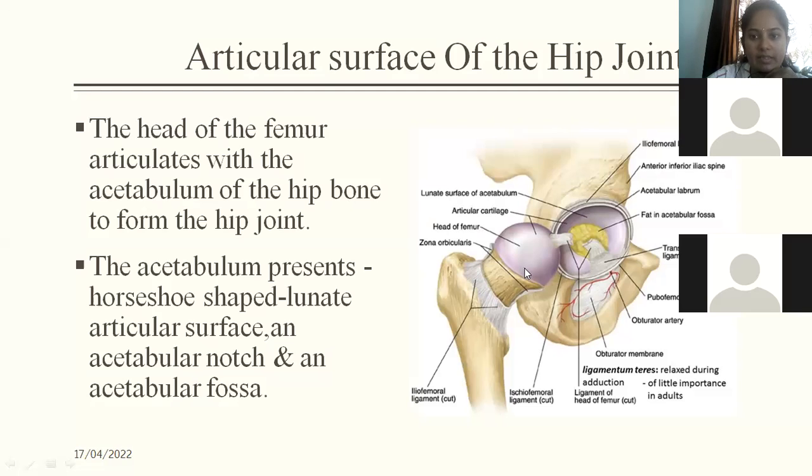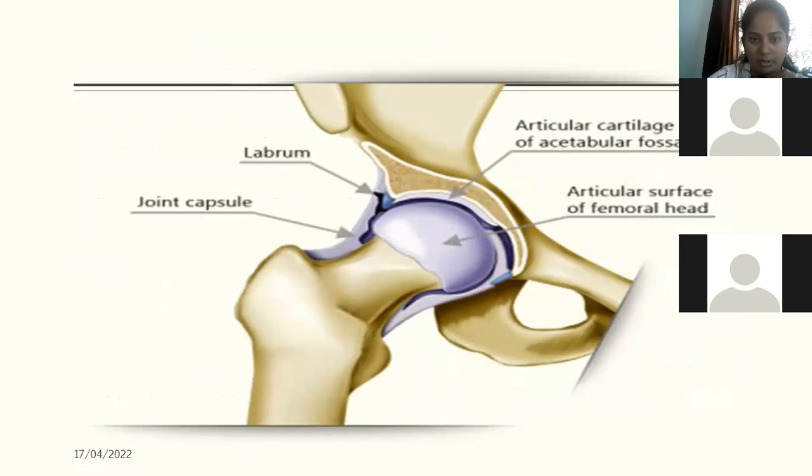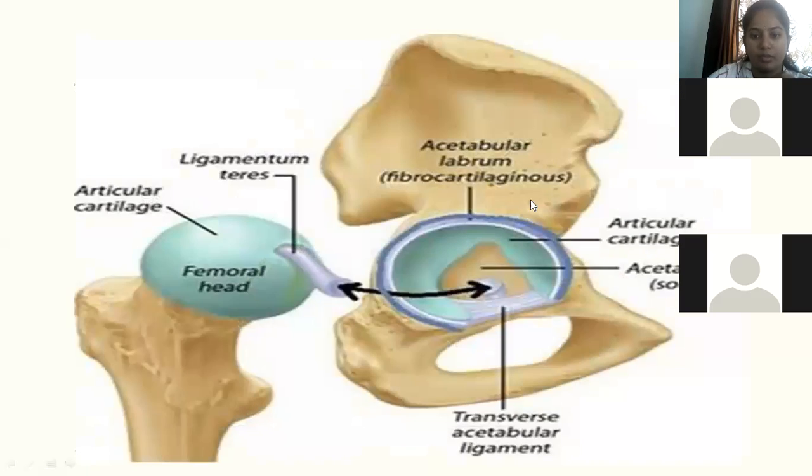The acetabulum presents a horseshoe-shaped articulating surface having the labrum, then the synovial fluid, by which every movement occurs smoothly: flexion, extension, abduction, adduction, circumduction. Labrum, joint capsule. Properly you can see in this image the hip joint is formed by the acetabulum and the head of the femur. This is the joint capsule. This is the labrum, and the articulating surfaces include the acetabular fossa also.